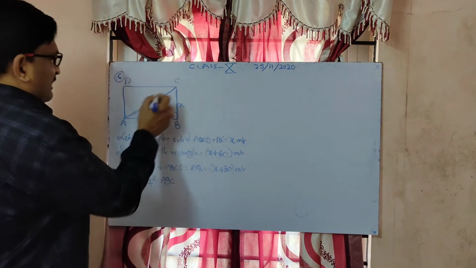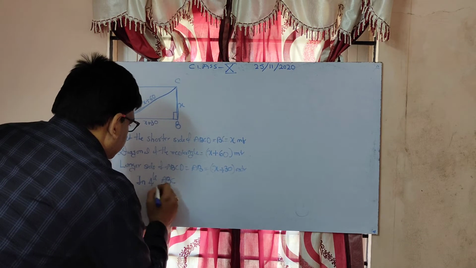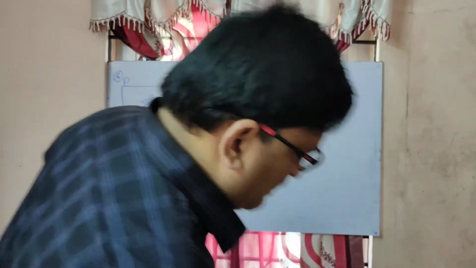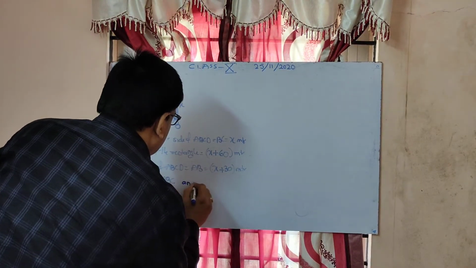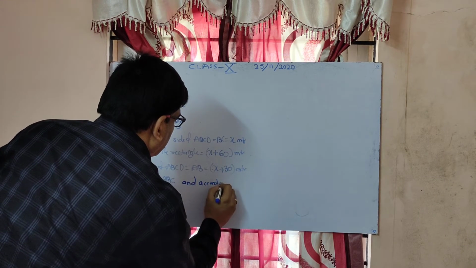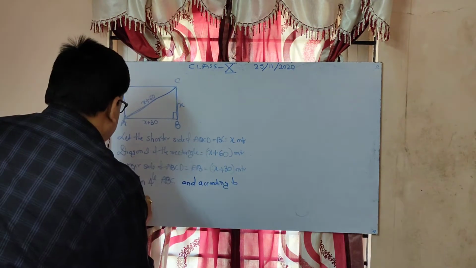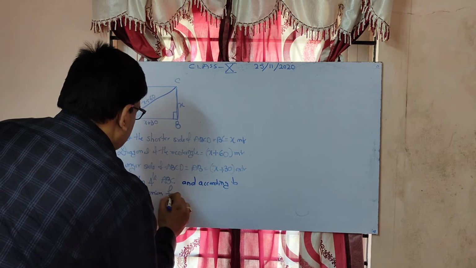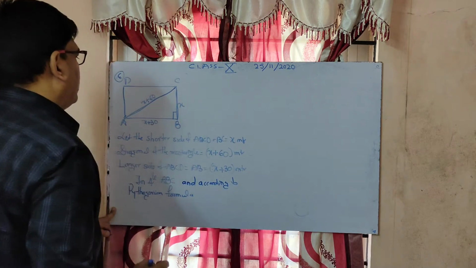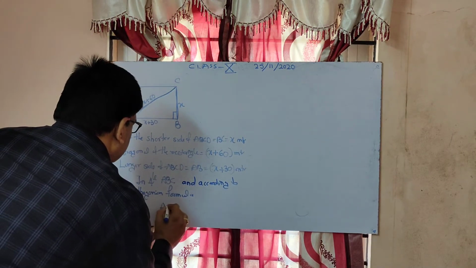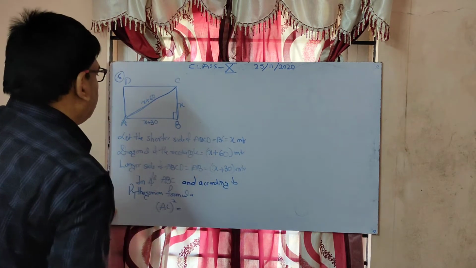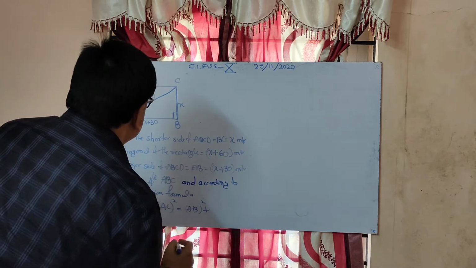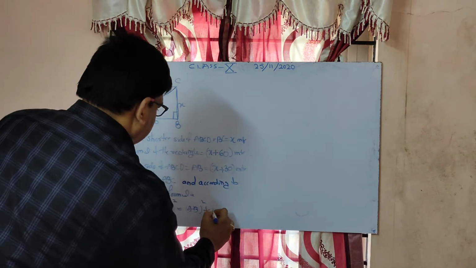Square of the hypotenuse. In triangle ABC, according to the Pythagorean formula, what it says is square of the hypotenuse, AC square, is equal to the sum of the squares of the other two sides, AB square plus BC square.